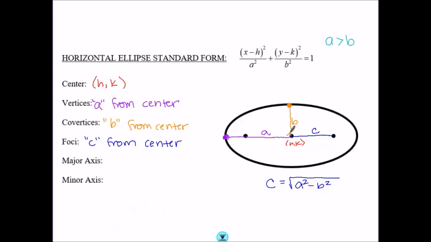So if the distance from the center to the vertex is A, then the distance between the two vertices, which would be the major axis, is going to be 2A. Also, since the distance from the center to the co-vertex is B, that means that the distance between the two co-vertices, which is the minor axis, is 2B.